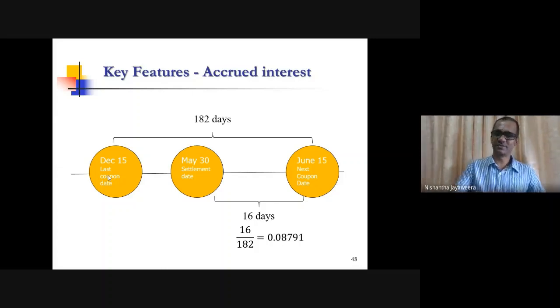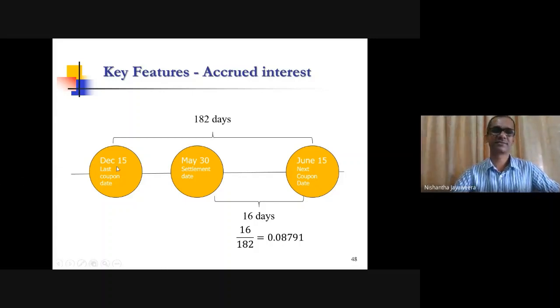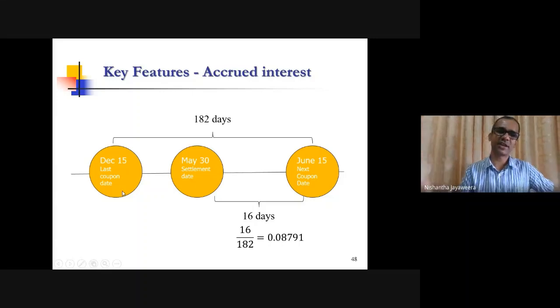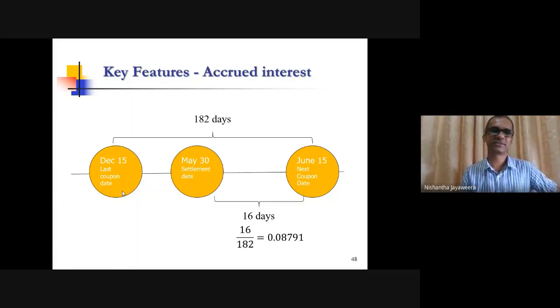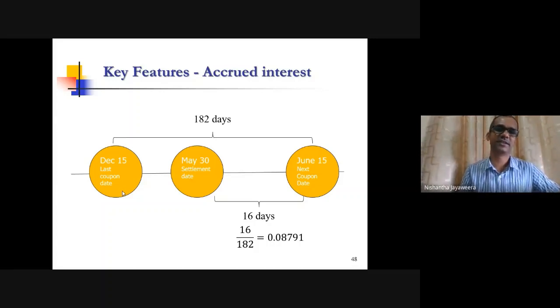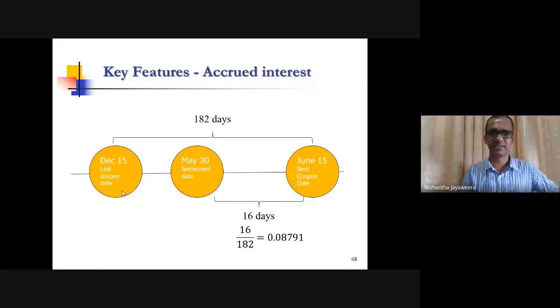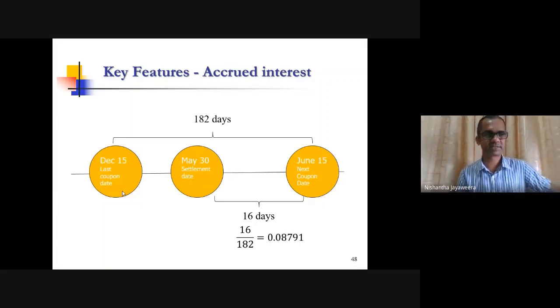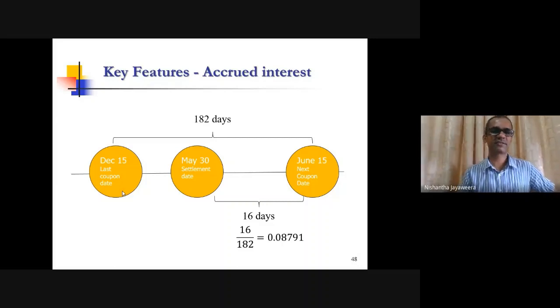So the exact one is how many interest accrual days from December 15 to December 31st. Without the 31st, yes, 16. If we want to include the 31st, 17, because December 31st is also an accrued date. So there are 17 days.